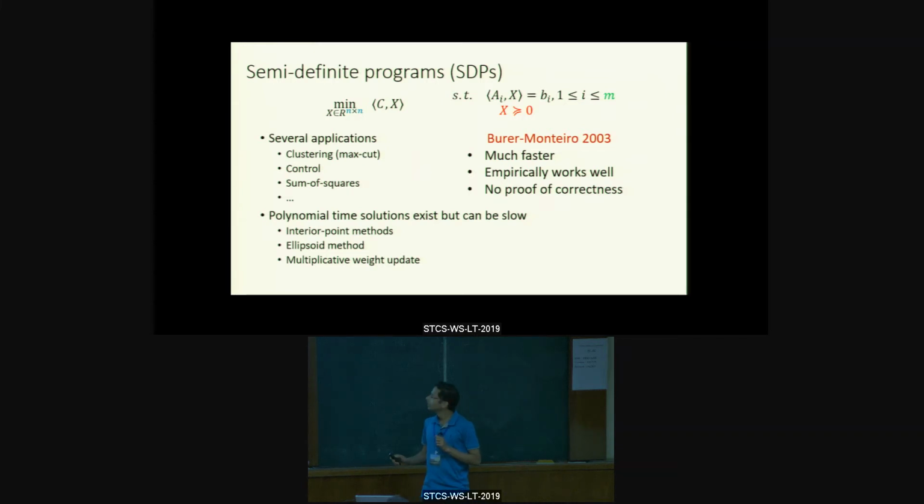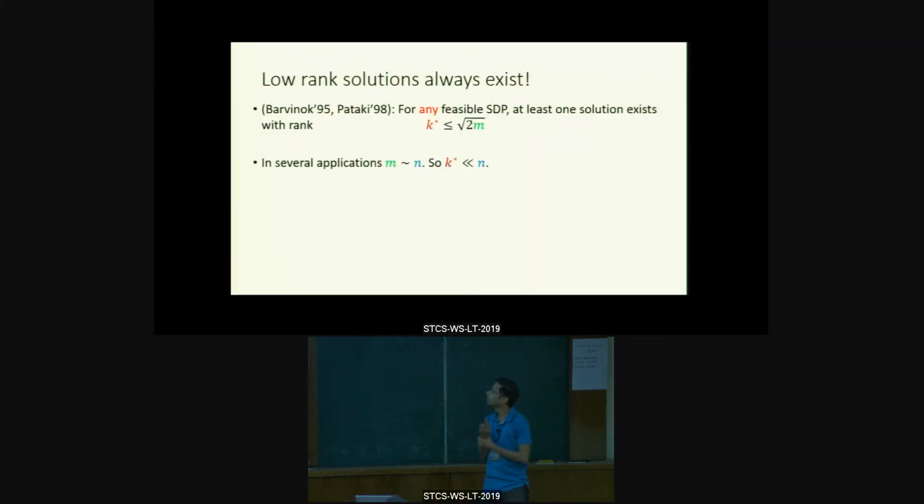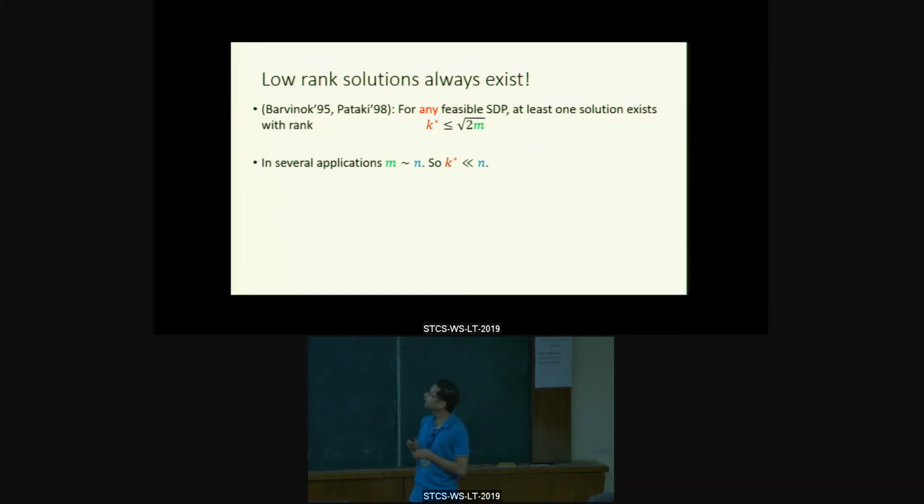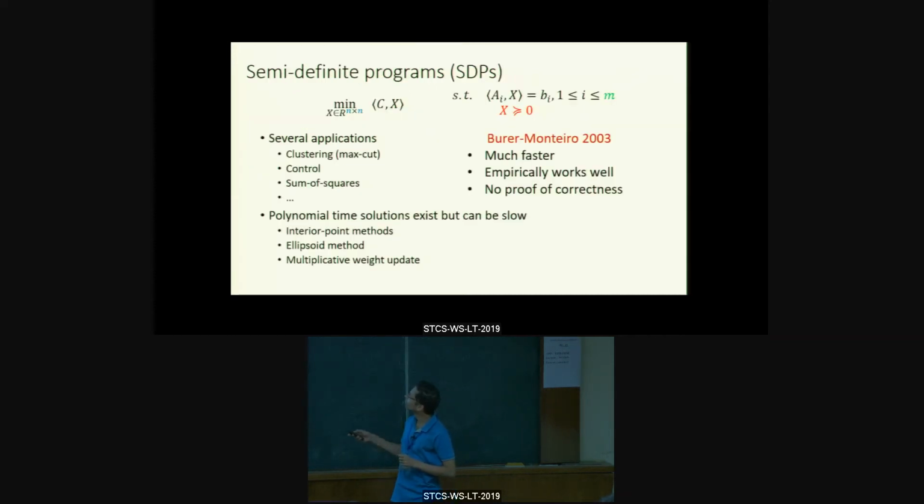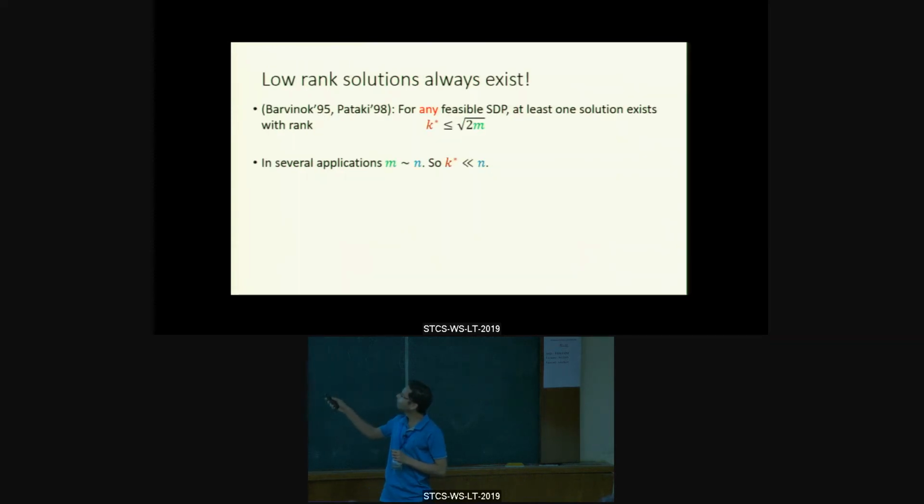Okay. The basic building block of the Burer-Monteiro approach is this interesting result by Barvinok and by Pataki, which says that take any feasible semi-definite program, it has at least one solution whose rank is at most about square root of m. Here m is the number of constraints, n is the dimension of the matrix, and this is an existential result. This says that any semi-definite program which is feasible has at least one solution which is of rank about square root of m.